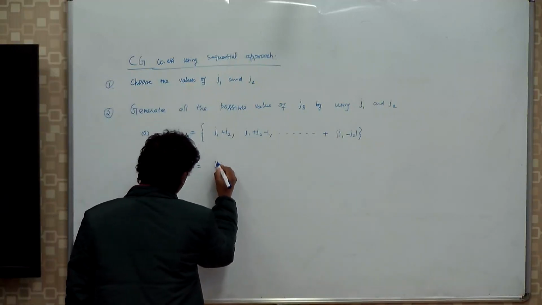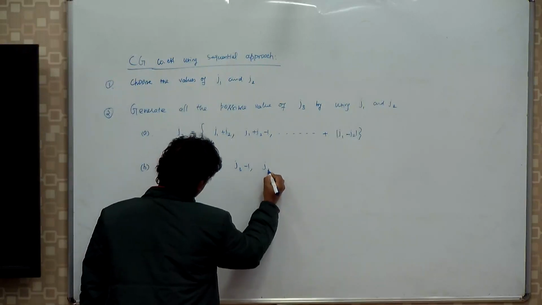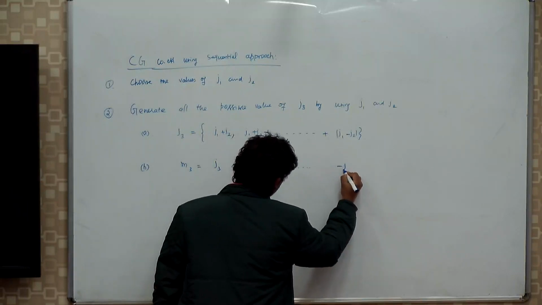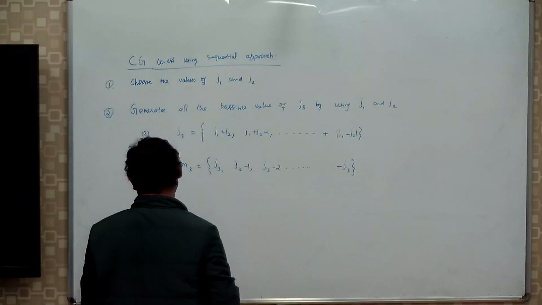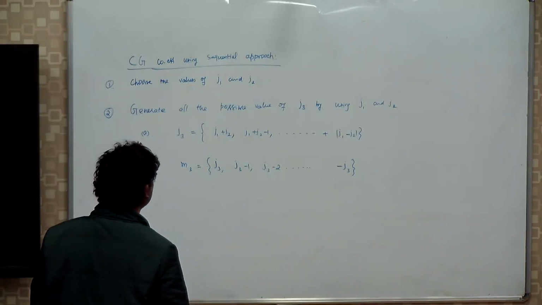So m3 is j3, j3 minus 1, j3 minus 2, and it goes to minus j3. The values of m3 move from plus j3 to minus j3.